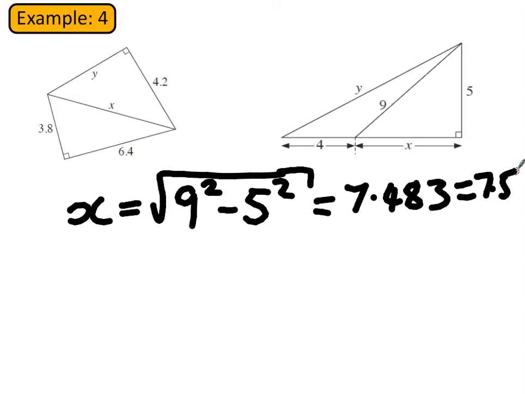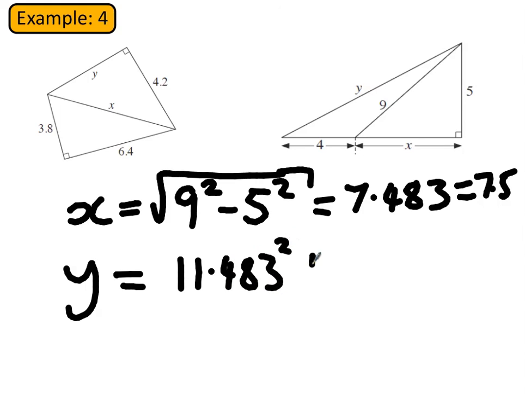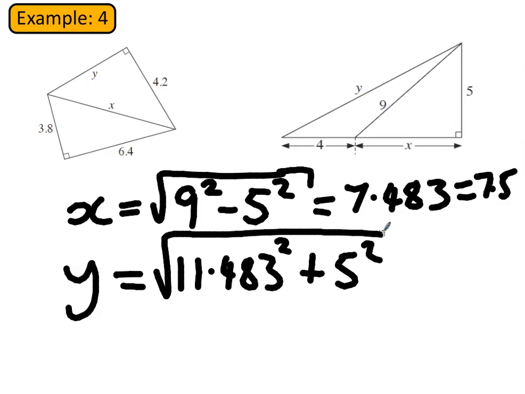So now if we look at the larger of the two triangles, we can now know that the base of that large triangle is going to be 4 plus 7.483. So y is going to be 4 plus 7.483, so 11.483 squared plus 5 squared, all square rooted.